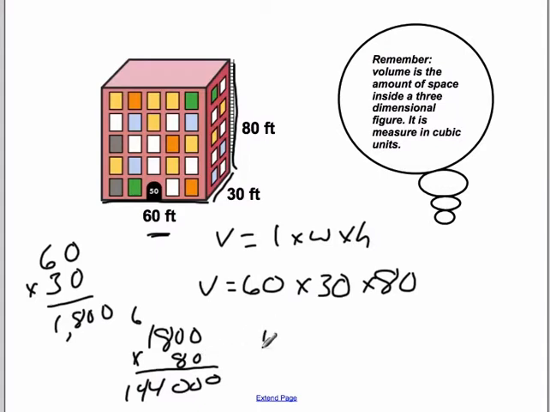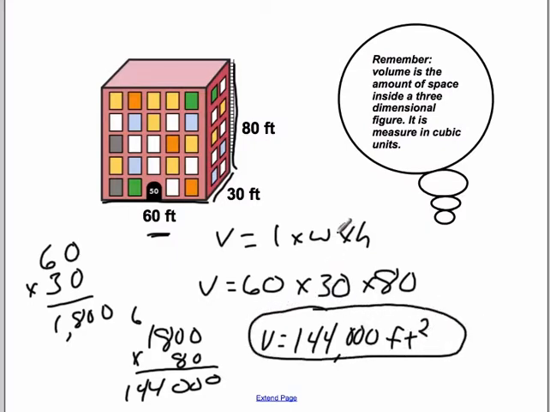So the volume is 144,000 cubic feet. All right, so volume is length times width times height.